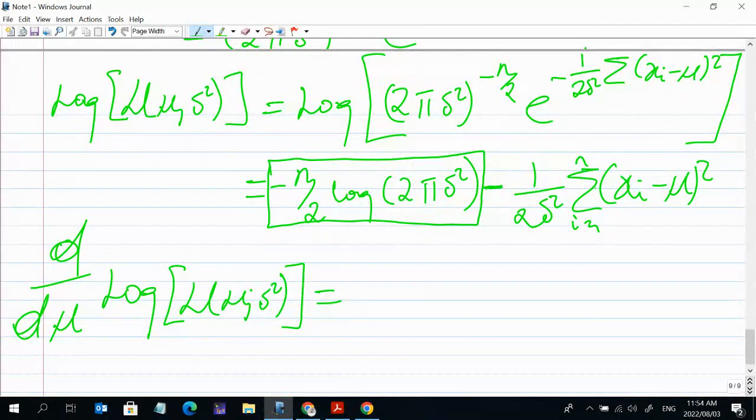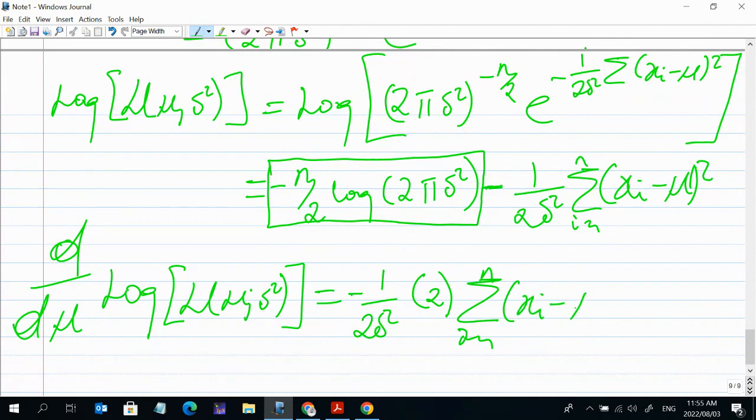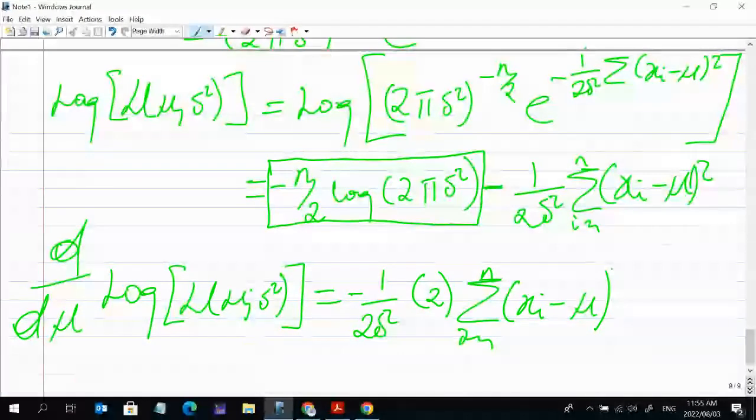Then we move to the second function, then we differentiate this. So you know the rules of differentiation. You differentiate the power first, then you differentiate the function. So when we differentiate the power, 2 will come down and we'll have minus 1 over 2 sigma squared multiplied by 2, summation of xi minus mu. 2 minus 1 will give us 1, so we have the power 1.